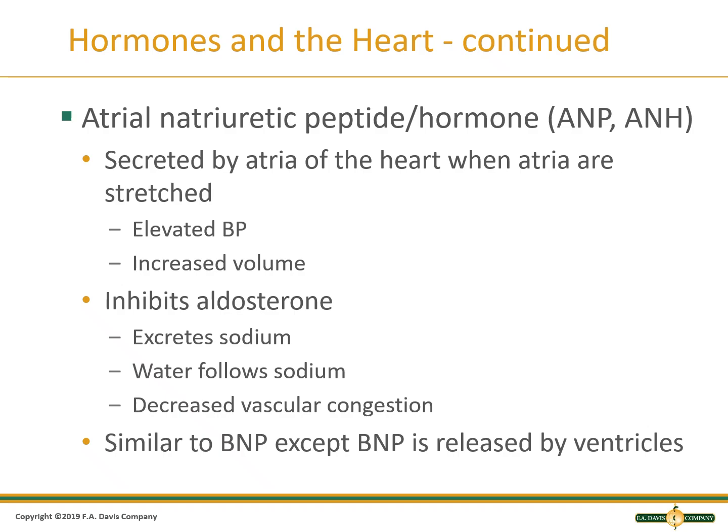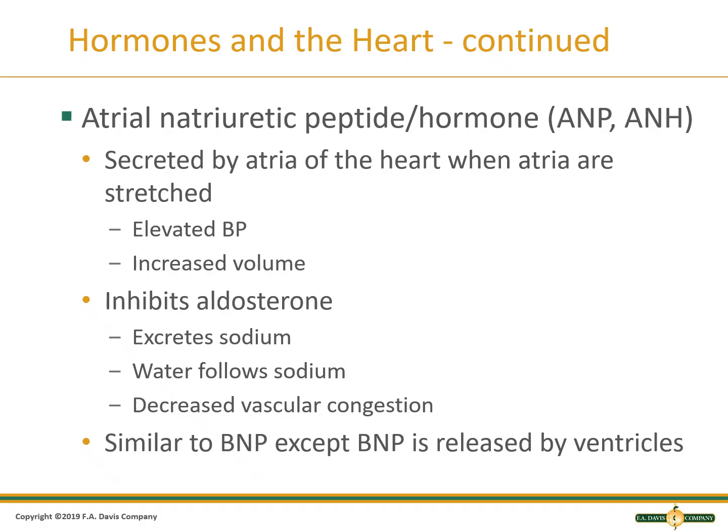Still talking about hormones that can affect the heart, our next one is atrial natriuretic peptide or atrial natriuretic hormone. All right, natriuretic, y'all. Natrium is the chemical name for sodium. So we tend to relate that to, okay, this affects sodium somehow.